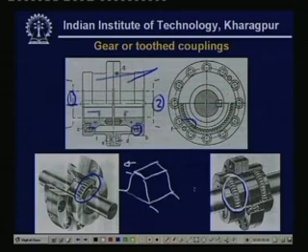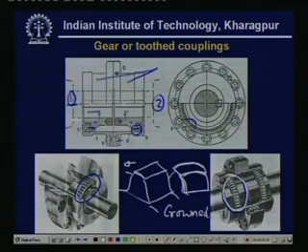In the right figure you see this is relatively bent to a spherical surface, and you see this is somewhat bent, and this is known as crowned gear. So it again gives a little bit of flexibility to the overall system. Now this is something about the gear or tooth coupling.